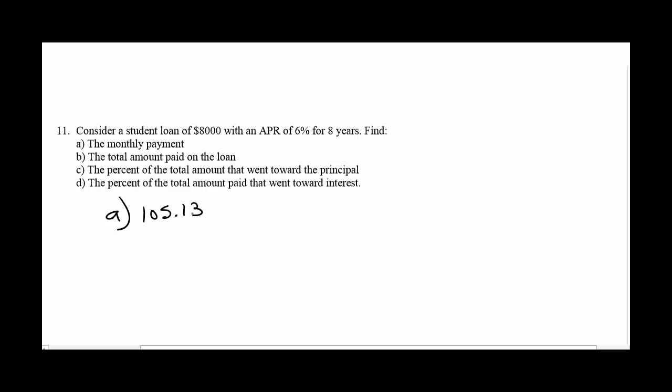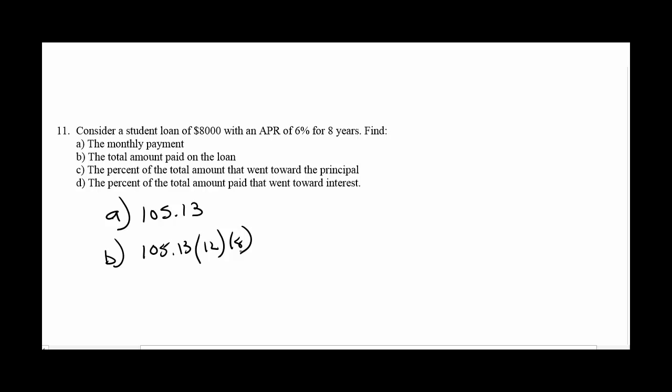Okay, so part B is asking the total amount paid on the loan. Well, the way this question is set up, you have to get part A right to get part B. You know, it's sort of a progressive question. In other words, they're building towards an overall point here. Well, let's see. So if we did 105 each month, so that's times 12 times 8.